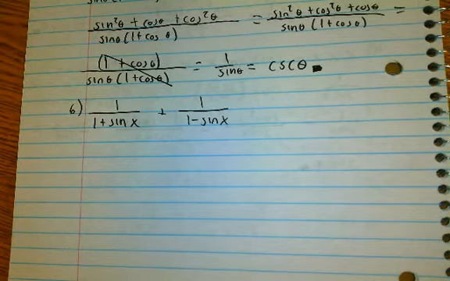So it's just 2 over... wait, 1 plus 1. When you're adding them, 2 over sine squared x.